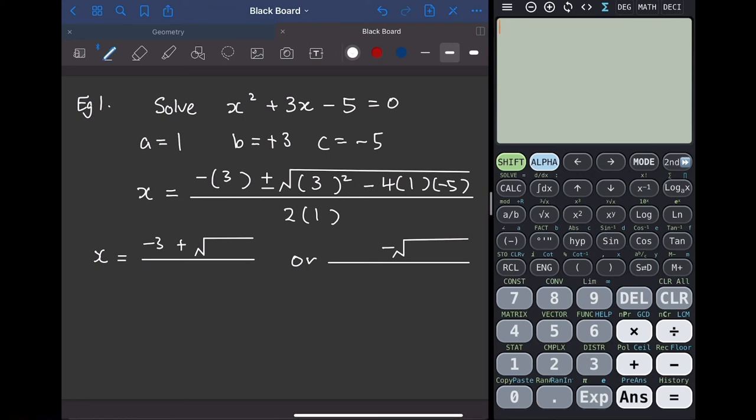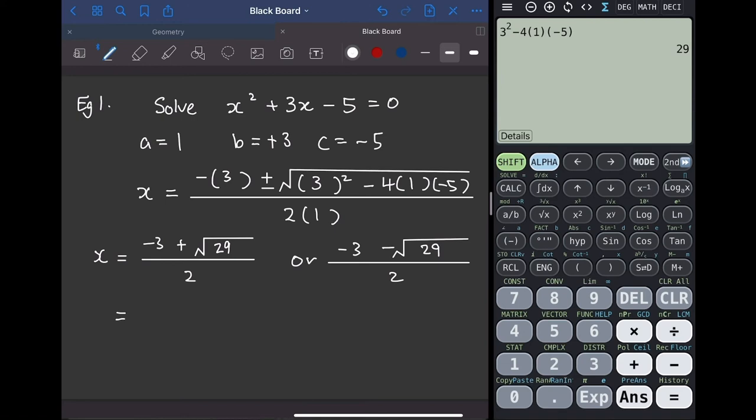So therefore it's good to first compute what is b squared minus 4ac. So for this case, I will put in 3 squared minus 4a, and c is negative 5. Alright, so that's actually 29, and clearly it is not a perfect square. Alright, so we're not going to expect a very nice answer out of this.